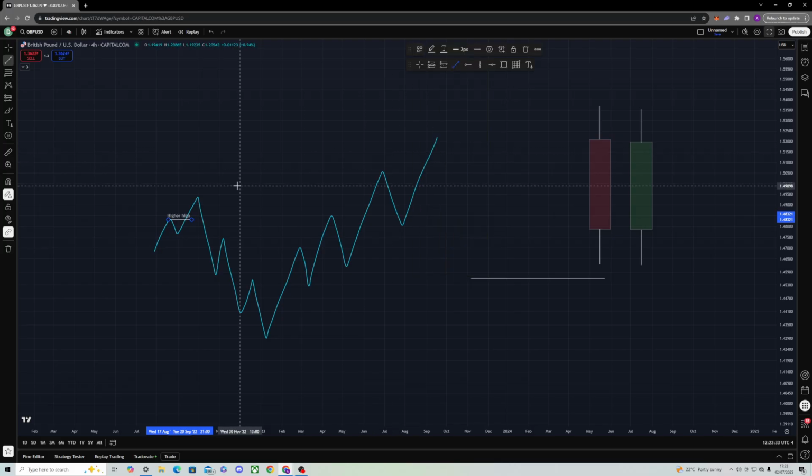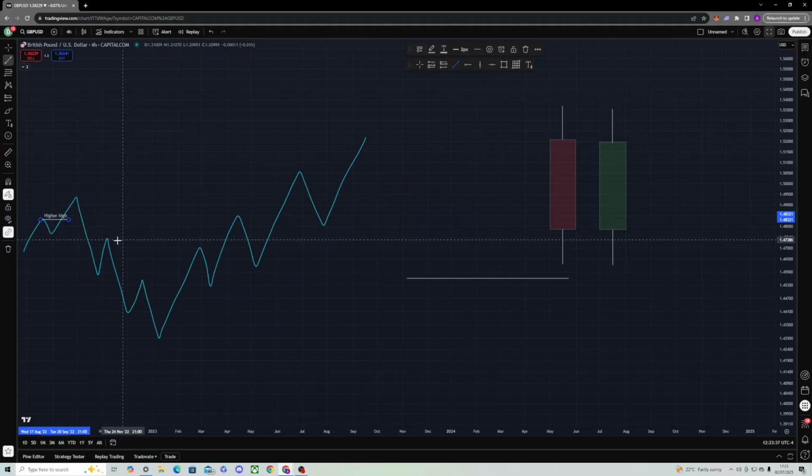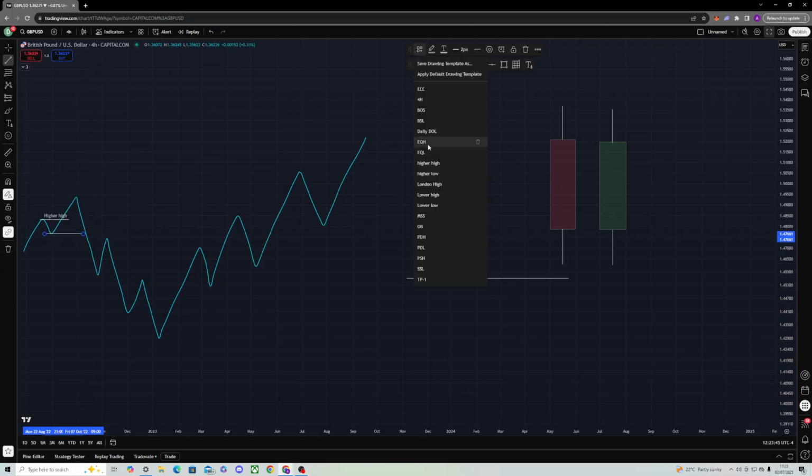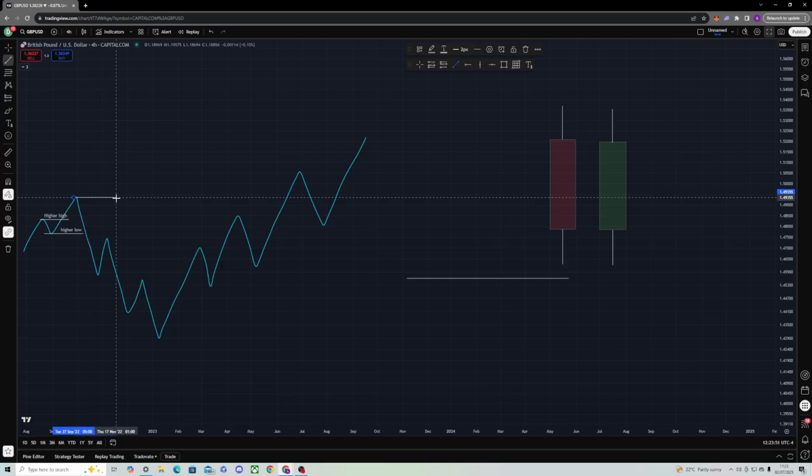There's not enough room on here, but then creating a higher low, then creating a higher high.